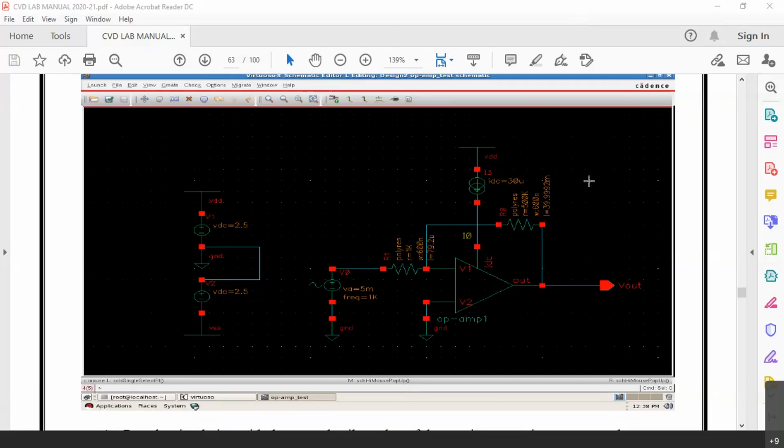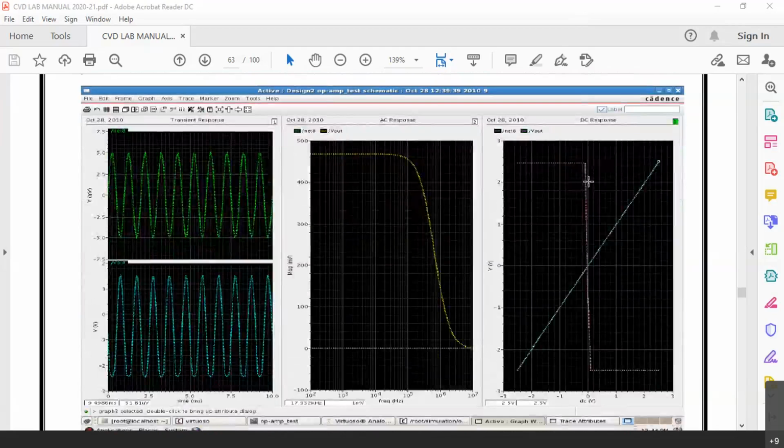Let me proceed. You can see the simulation output now. At the left side you are seeing the input waveform and the output waveform are anti-phase. You can see that there is a 180-degree phase shift. The upper waveform is the input waveform, in millivolts, 5 millivolts to minus 5 millivolts, totally a 10 millivolts peak to peak input signal.